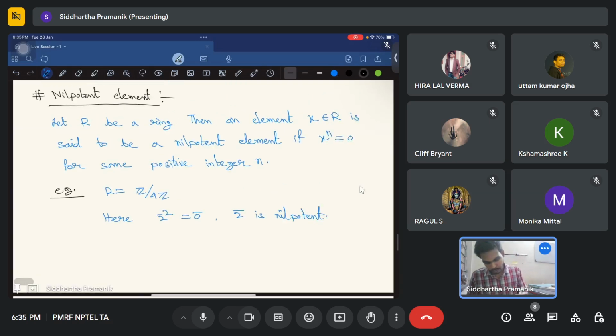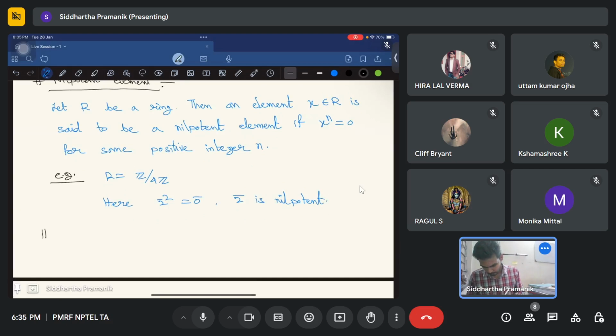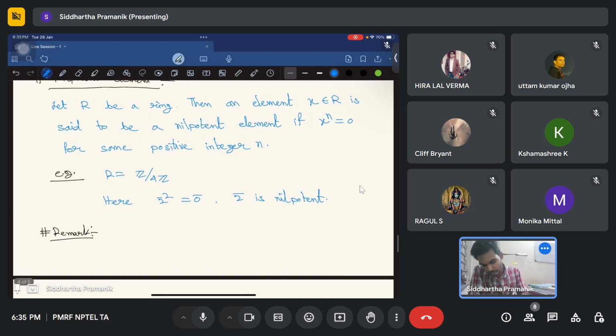So remark: one thing you observe is that nilpotent elements can be 0. So 0 is a trivially nilpotent element. 0 is nilpotent in any ring. So let's say this is the 0th example and this is the first example.